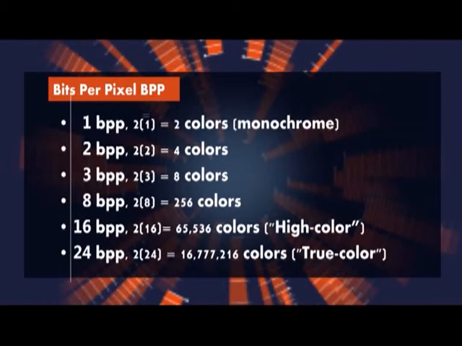And 3 BPP: 2 raised to power 3 equals 8 colors. 8 BPP, on the other hand: 2 raised to power 8 equals 256 colors. 16 BPP: 2 raised to power 16 equals 65,536 colors. That is high color. 24 BPP: 2 raised to power 24 equals 16,777,216 colors. True color.